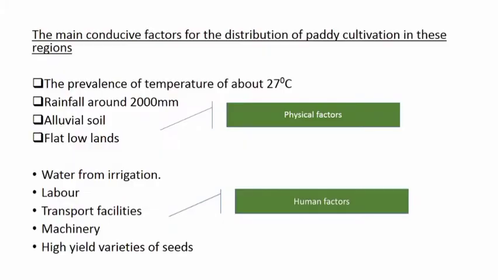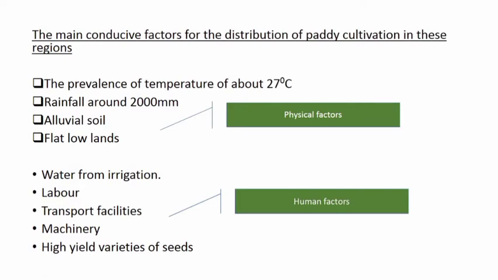Okay, now let's study the favorable factors for the distribution of paddy cultivation in these regions. We can categorize the factors as physical factors and human factors. Physical factors mean the factors that nature has given. These physical factors contribute to the success of paddy cultivation. Suitable temperature for paddy cultivation is about 27 Celsius degrees.